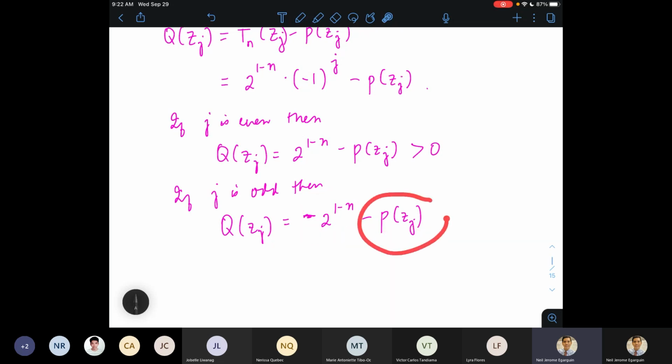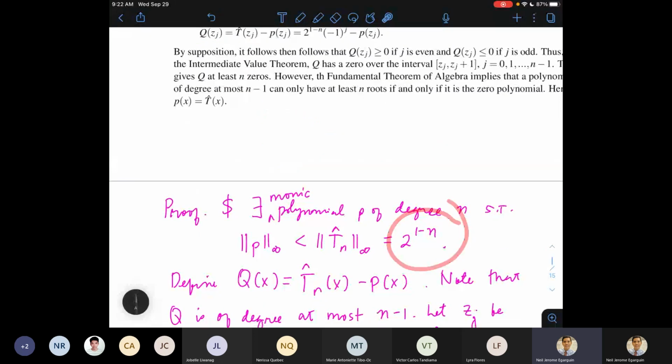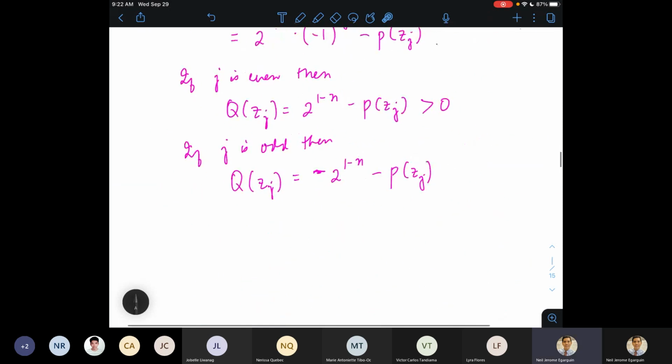But again, the value of negative P of ζ_j cannot exceed negative 2 to the 1 minus n, because P cannot be less than negative 2 to the 1 minus n. This difference will be less than 0. It will remain negative. Okay? So the idea here is that when j is even, Q of ζ_j is positive. When j is odd, its value is negative.